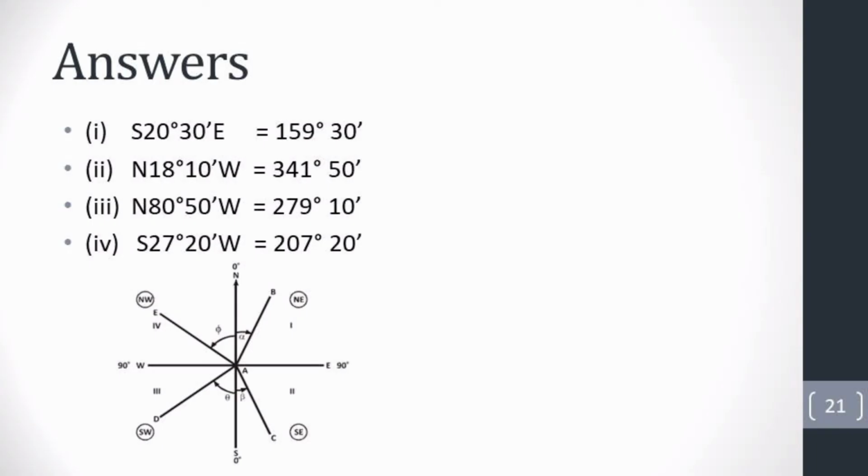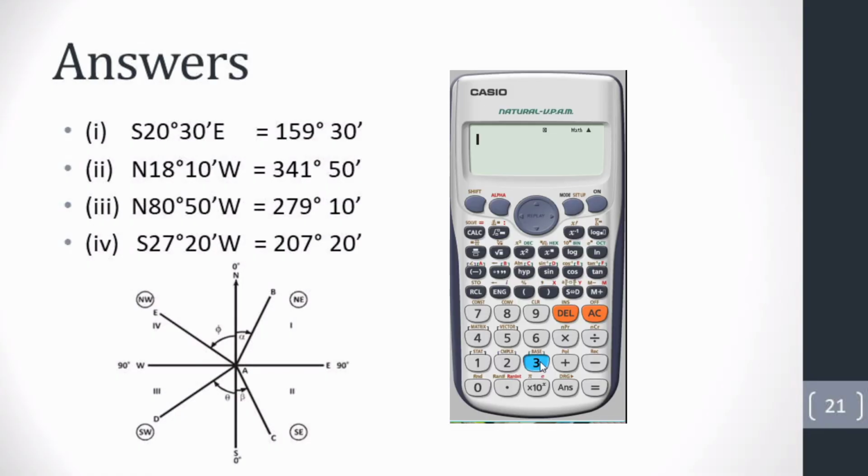On our second question, that is north west. You can look at the illustration, that is on the fourth quadrant. That means my angle was moving anti-clockwise from the north going downwards. So you go ahead, that is 360 degrees minus 18 degrees 10 minutes, getting our answer as 341 degrees 50 minutes.